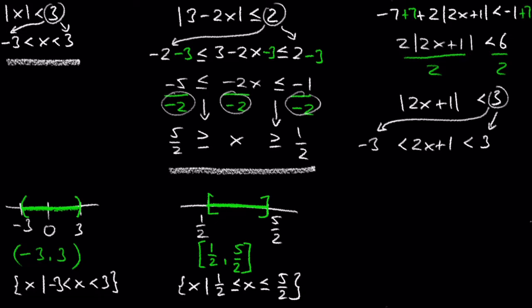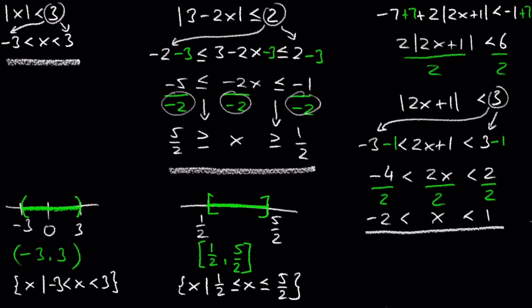Subtracting 1 from this compound inequality leads us to -4 is less than 2x is less than 2. -4 divided by 2 is -2. 2x divided by 2 is x, and 2 divided by 2 is 1.